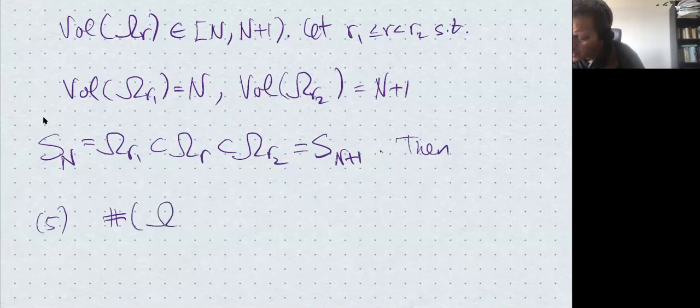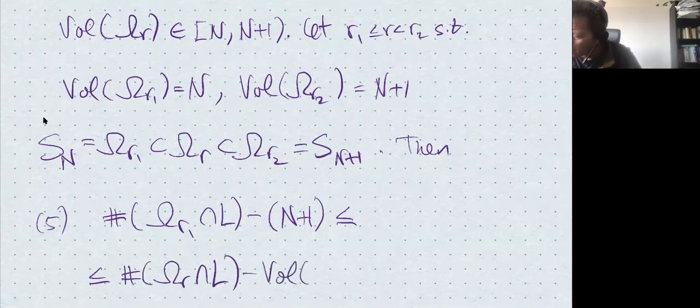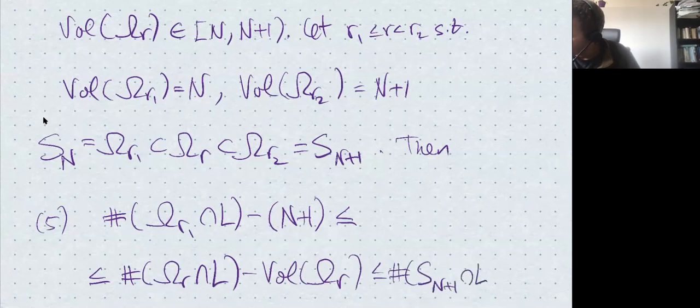The number of points that omega R1 has inside L, subtracting n plus 1, is smaller than or equal to the number of points that omega R has in the lattice L minus the volume of omega R, and this is less than or equal to the number of points that Sn plus 1 has in the lattice L minus n.